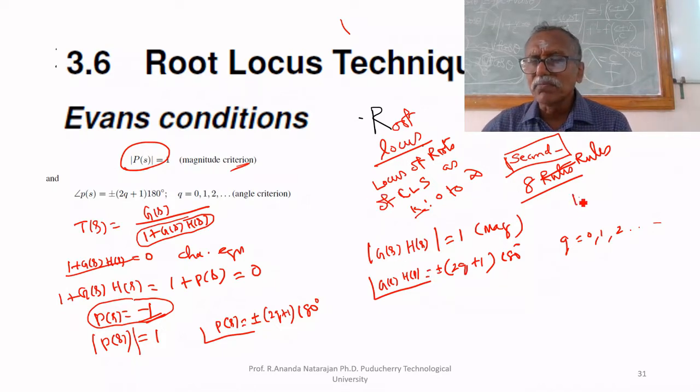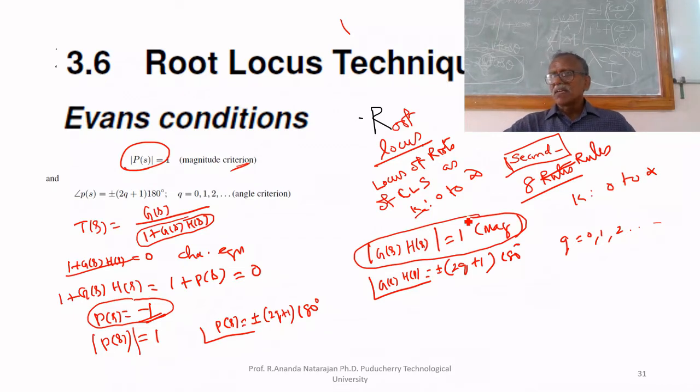As k varies from 0 to infinity, the first condition will always be satisfied for at least one k. If you substitute some value of k as it varies from 0 to infinity, for one value this condition will be automatically satisfied. That's why we can ignore this condition. Therefore, any point that satisfies the angle condition is a root of the denominator polynomial.